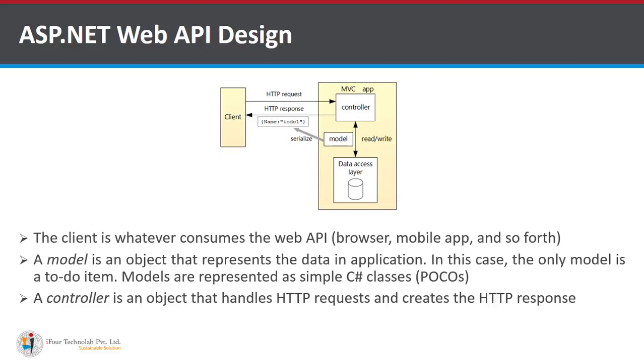Now the client consumes the Web API by sending a request to the controller. After receiving the request, the controller generates a response from the data access layer using a model. It receives the model from the data access layer, the model is serialized and sent as a response. This process is done by the controller.